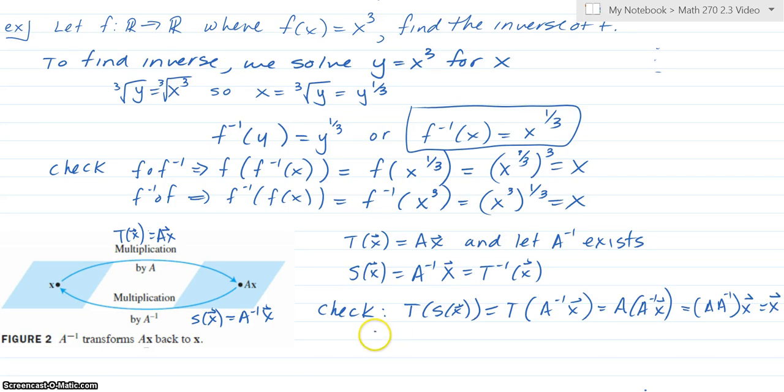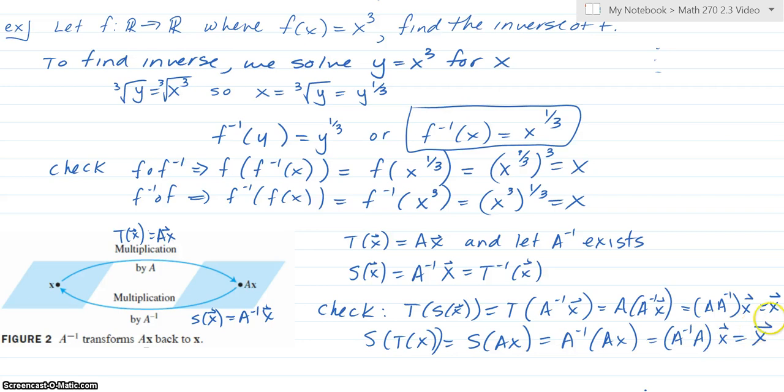We can check the other way around. So we know that T is just Ax. What's S of Ax? I would plug the x in here. So I'd have A inverse of Ax. And again, I can just change my parentheses. And again, since A is invertible, that is also x. So you can see the identity is just x with our inverse functions.